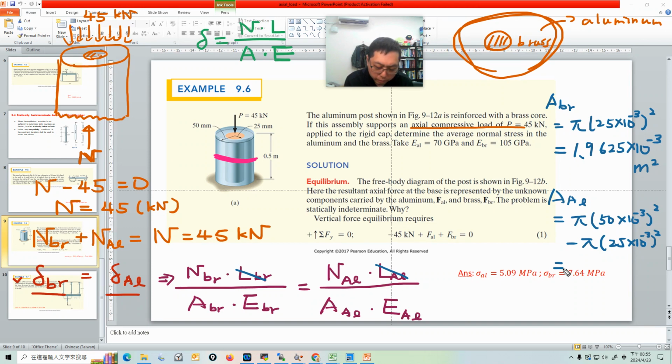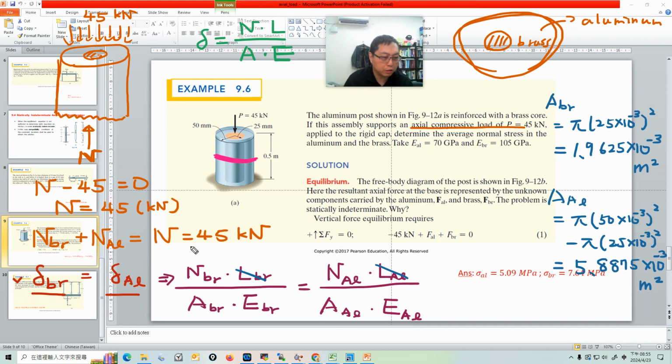Did I calculate right? Oh, I forgot the times 3.14. So it's 5.8875 times 10 to the power minus 3 meter square. So that's the area of aluminum.